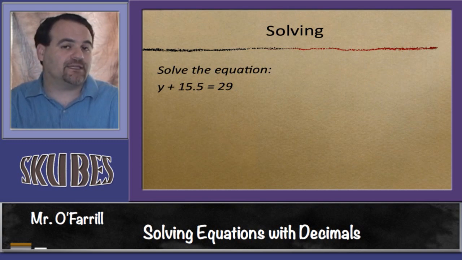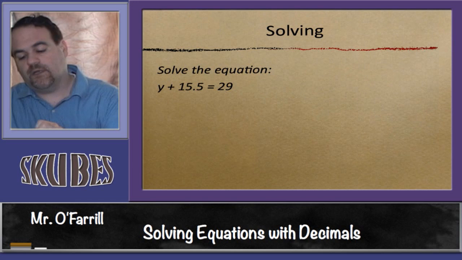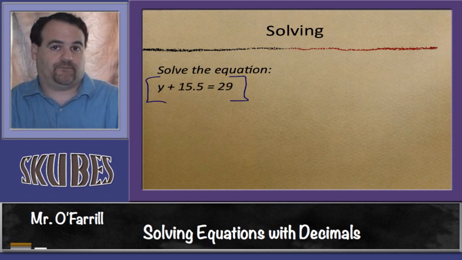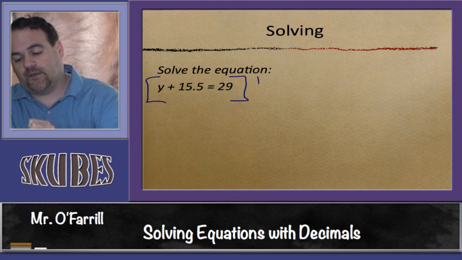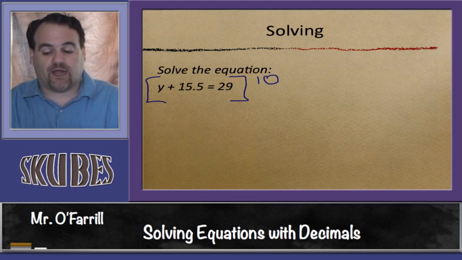How many decimal places are there? Just one, 0.5. So what we're going to do is multiply everything by 10, or move the decimal point one place to the right for everything.